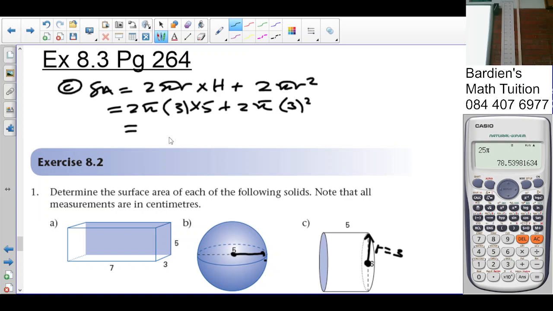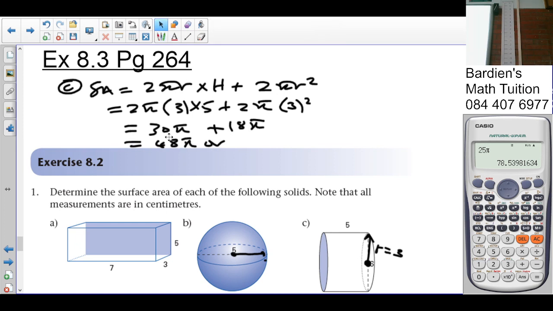It's going to give you 30 pi plus 18 pi, which is 48 pi, which gives us an answer of 150.8 centimeters squared. Okay, any confusion here? No? Carry on.